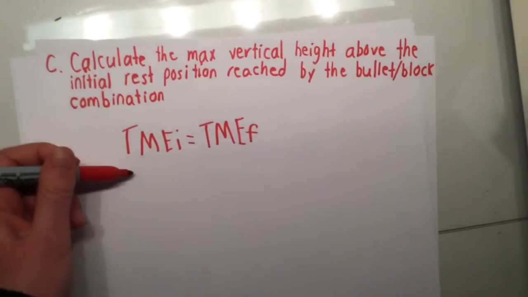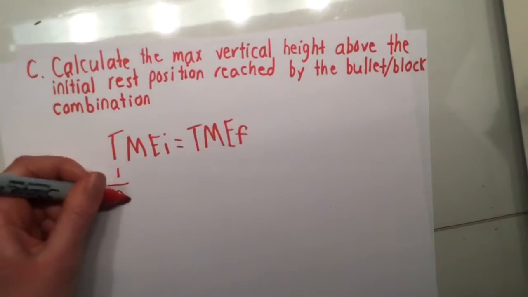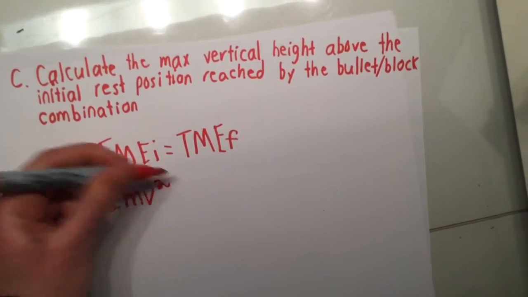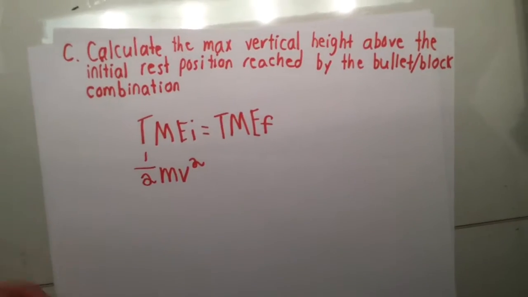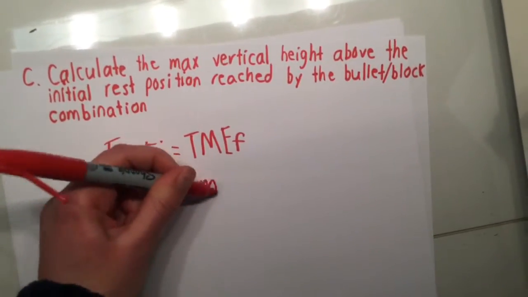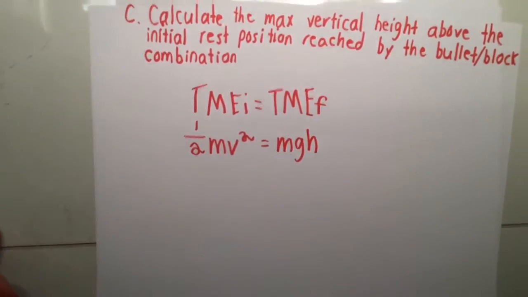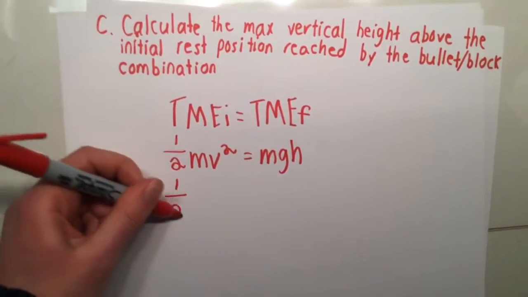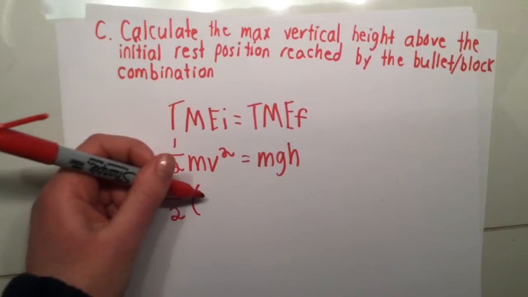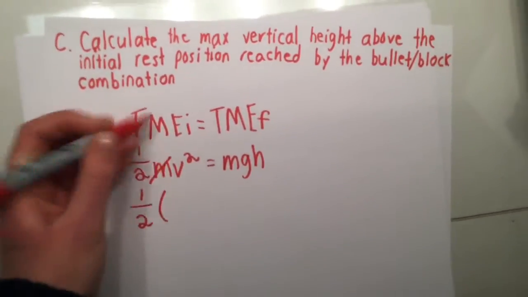So now by plugging in our equations, we find that 1/2 m v squared, which is when it's all kinetic energy, is equal to mgh, which is when it is all potential energy. And now we simply plug in our values. 1/2 times, well, the masses cancel out.